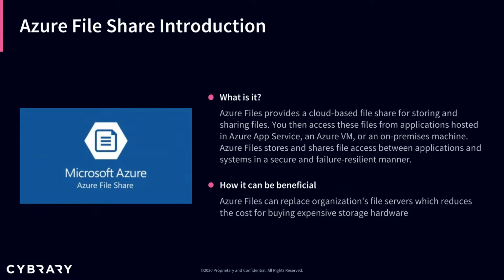You can then access these files from applications hosted in App Service, your Azure virtual machines, or even your on-premise machines, provided you have hybrid infrastructure already in place. Azure File stores and shares file access between applications and also between different systems in a secure and also failure resilient manner.